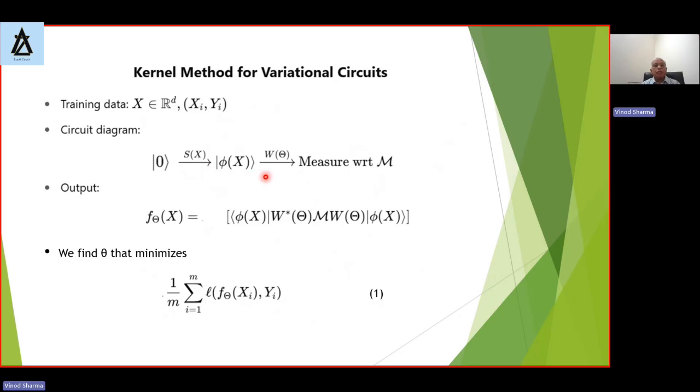Then it goes through the variational part of the quantum circuit, W(theta). Theta is the parameter that you want to minimize. The output of that is a state on which we take a measurement with respect to the operator M.